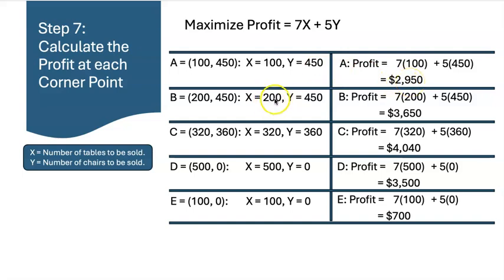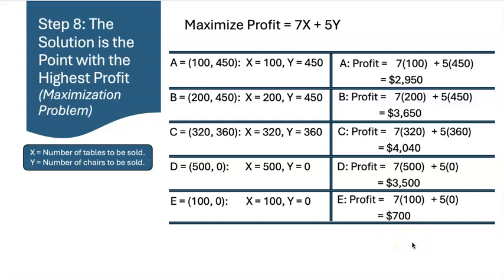If we sell 200 tables and 450 chairs, our profit will be 3,650. If we sell 320 tables and 360 chairs, our profit will be $4,040. If we sell 500 tables and no chairs, the profit will be $3,500. And if we sell 100 tables and no chairs, the profit will be $700. So that's what we just calculated.